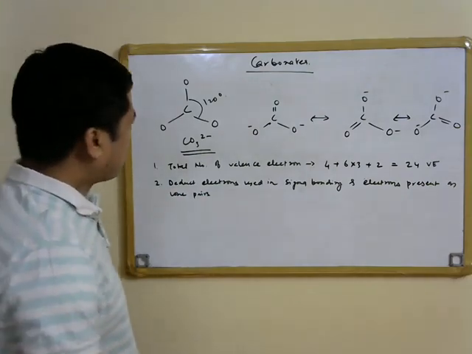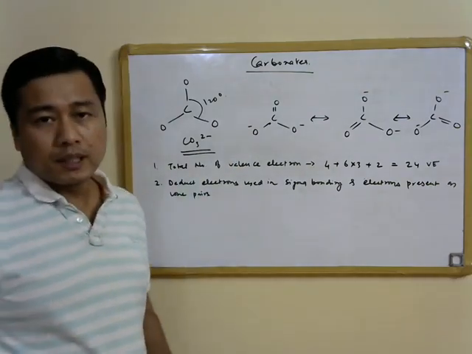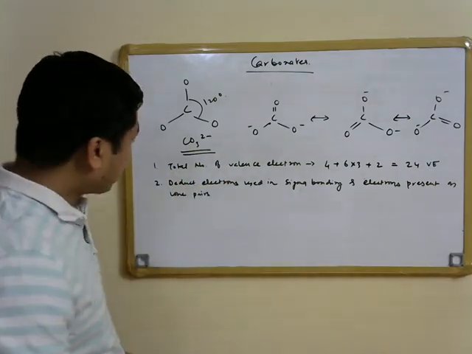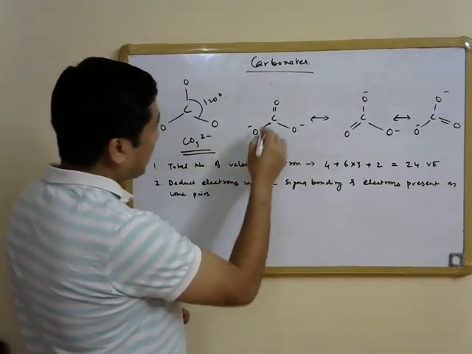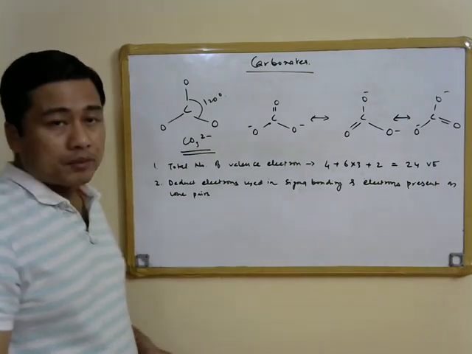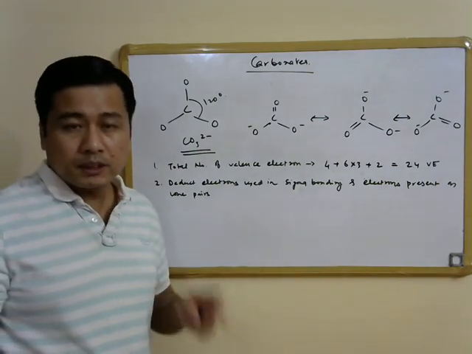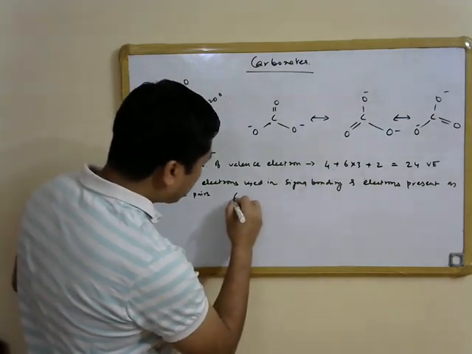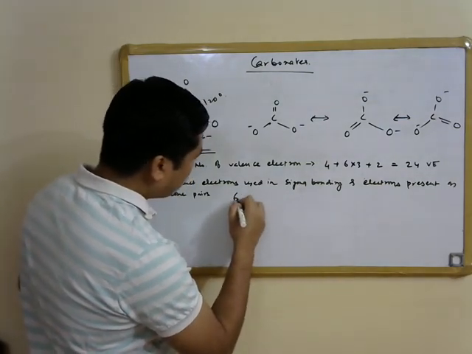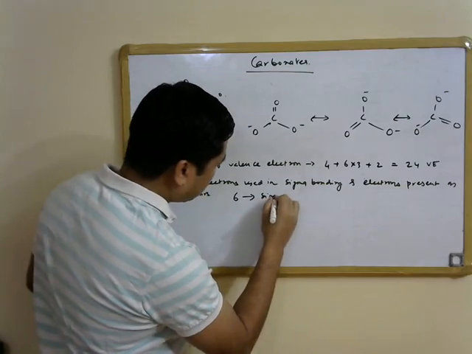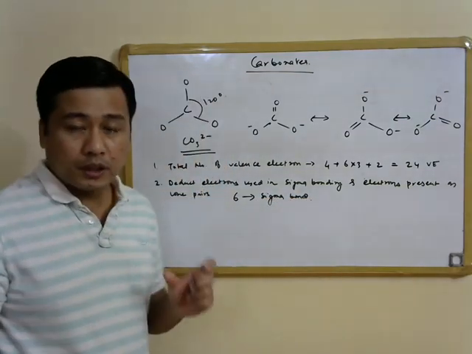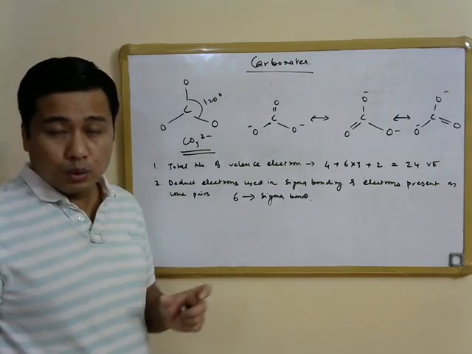We know in case of oxygen, two electron pairs are going to be present as lone pairs here, and we know there are 3 sigma bonds in case of carbonate. So for formation of 3 sigma bonds, we have to deduct 6 electrons. Each oxygen atom has 2 lone pairs of electrons.